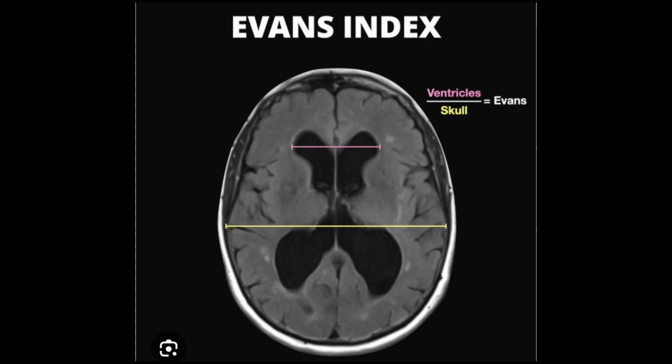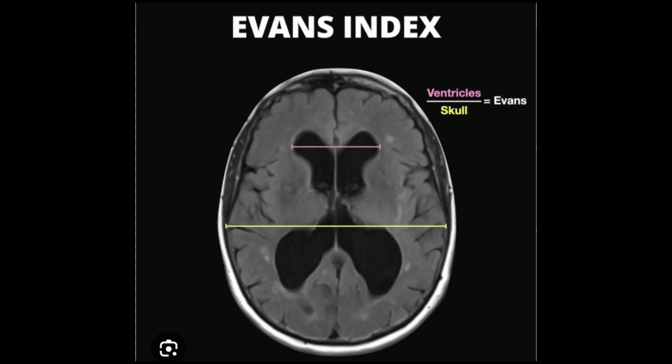As far as interpretation of the Evans index is concerned, a value of 2 to 2.5 is considered normal, and 2.5 to 3.0 is possibly early ventriculomegaly. But if the Evans index is greater than 3, that is considered ventriculomegaly.